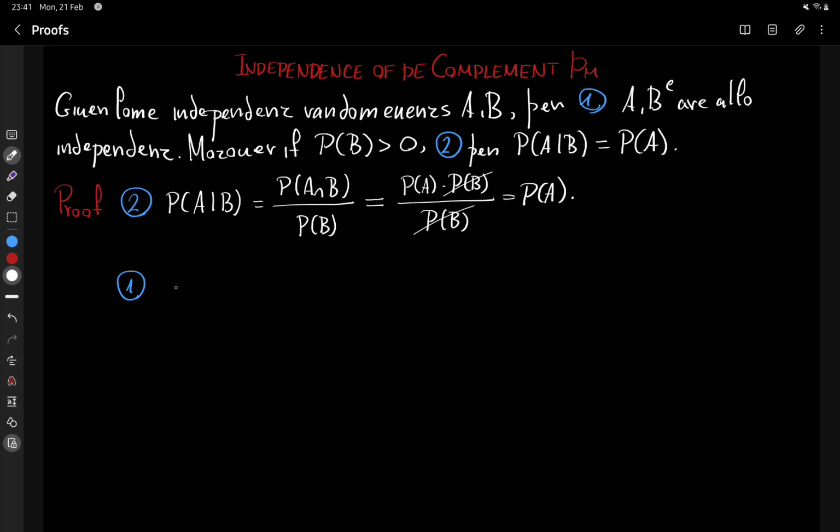By definition, we want to show that the probability of A intersected with the complement of B is equal to the product of the probability of A and the probability of the complement of B. How do we get to this? Again, we use the definition. This is more of an exercise than anything.